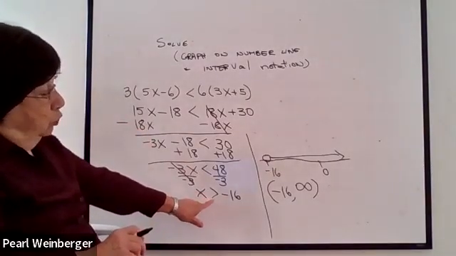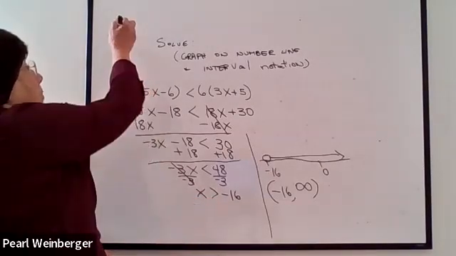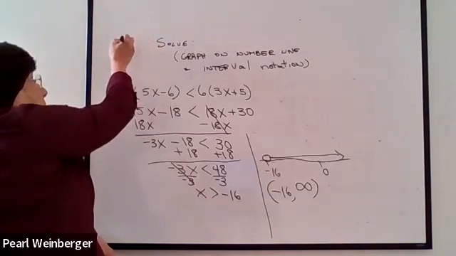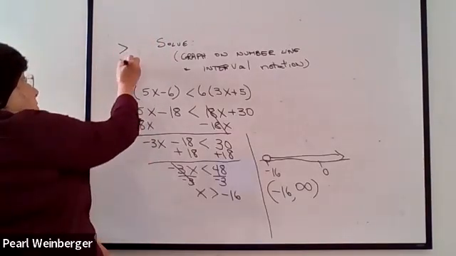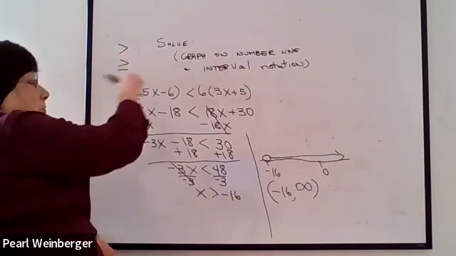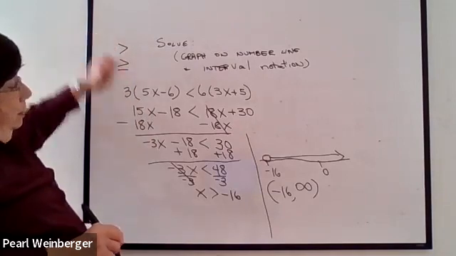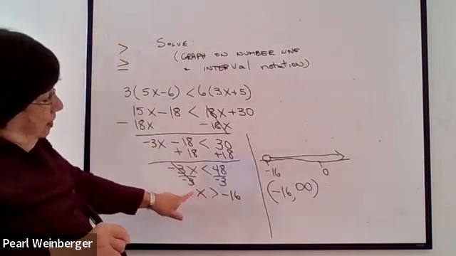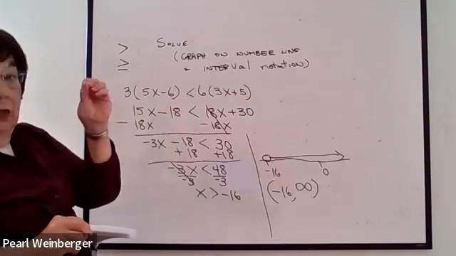When you have an inequality sign, let's say a greater sign, it can be either just a plain sign like this, or sometimes it looks like this with a little extra line underneath it. This means greater than. In this case, this is telling me x is greater than -16.